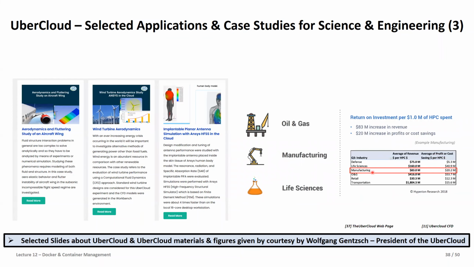Why should proper engineers go to HPC? Here the example of manufacturing is really an 83 million increase in revenue, or just 20 million increase in profits or cost savings if you do the HPC way instead of the manual way. And this is just one independent research in one specific area.